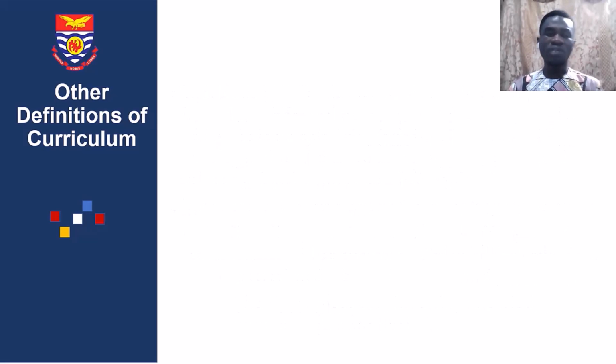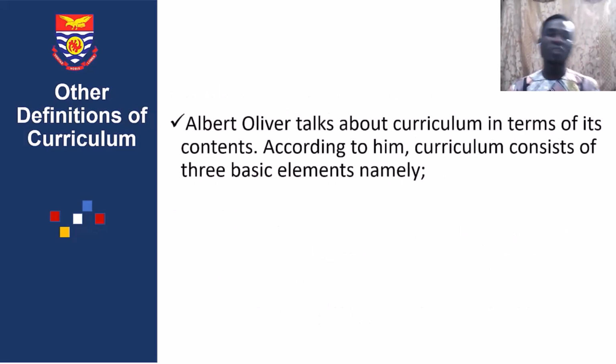Now we will take a final definition given by Albert Oliver. To Oliver, he defines curriculum in terms of its content. And in content, he said that the curriculum is made up of basically three elements.